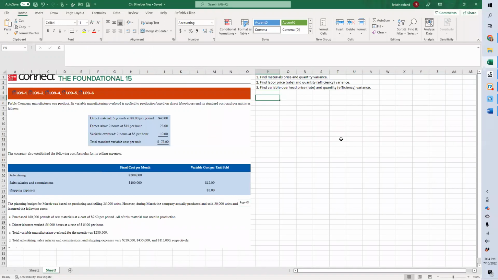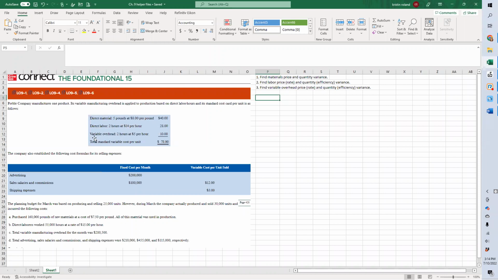This standard cost card per chair says we would expect to use these amounts of inputs. So direct materials, we would plan to use 5 pounds of wood, and we expect the wood to cost $8 per pound. Direct labor per chair, we expect to spend 2 hours and we pay the workers $14 an hour.